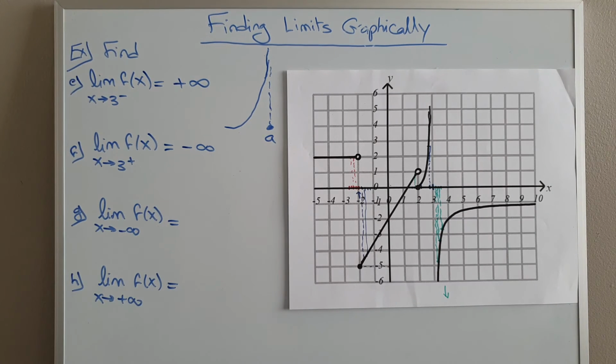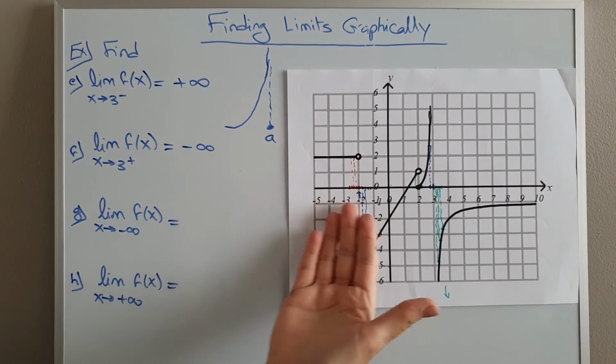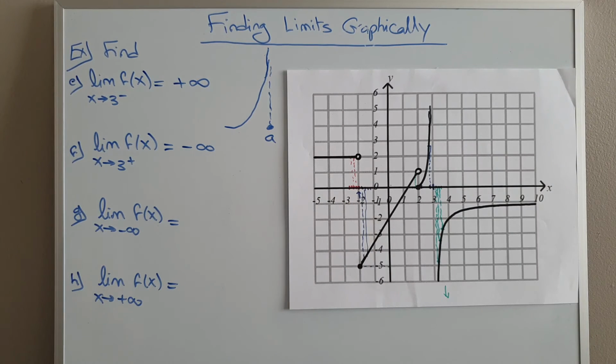For part G, I'm looking for the limit of the function as x approaches negative infinity. So on my graph, I'm looking at this side of the x-axis. I don't see negative infinity on the graph, but I can tell the behavior by just taking some points.